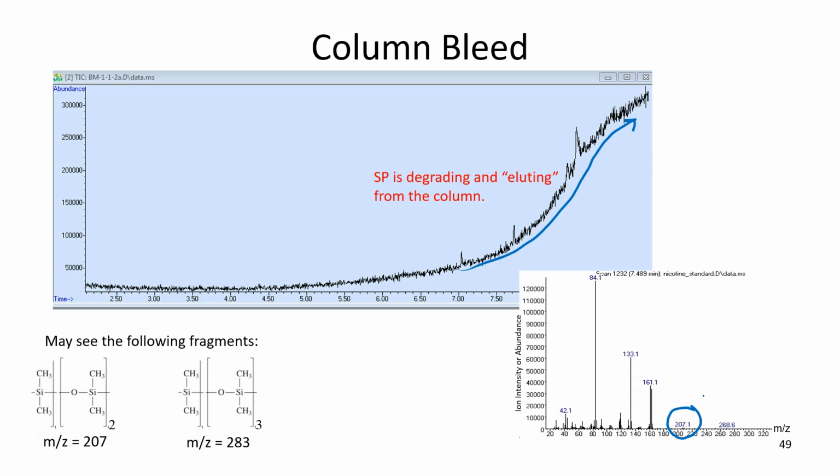What I'm seeing right here at a mass to charge ratio of 207.1 probably corresponds to this trimer of stationary phase that eluted off the column and now appears in our mass spectrum. Again, this wouldn't be possible with any of the other detectors that we talked about, only with mass spec.